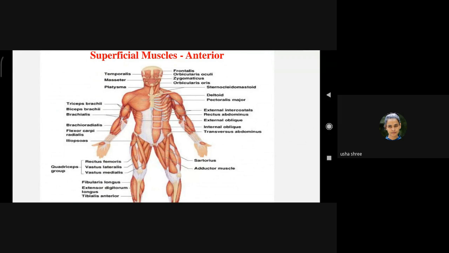You will see the picture and get the names of some important muscles. We all should know about these muscles. At least the major muscles you should know. As a yoga student, we should have detailed knowledge of anatomy and physiology. But at the start, the major muscles should be known to everyone.